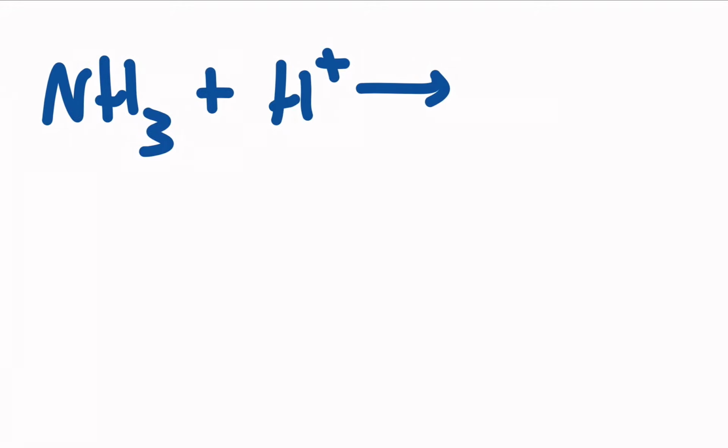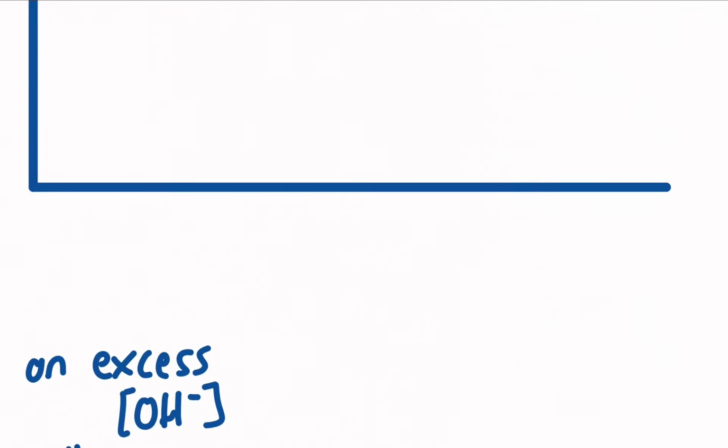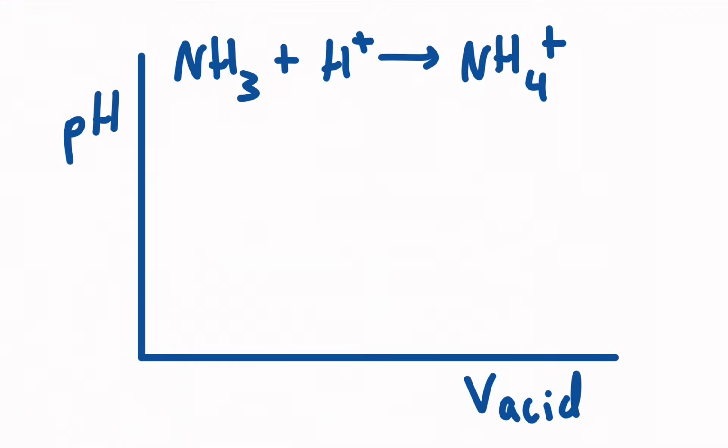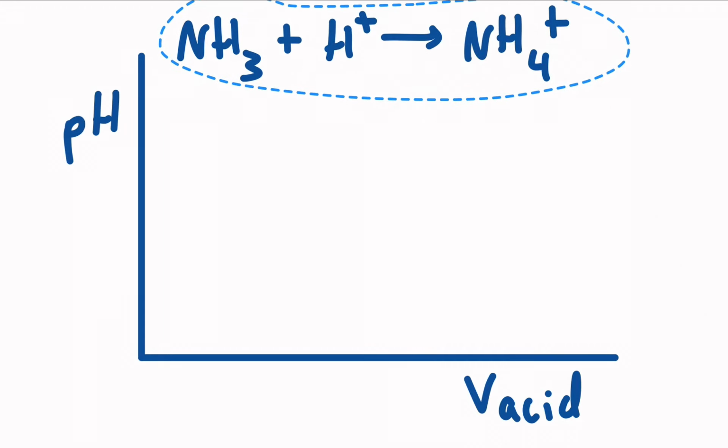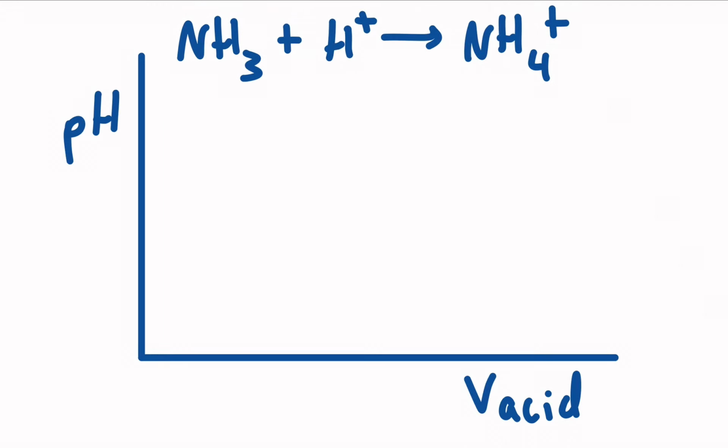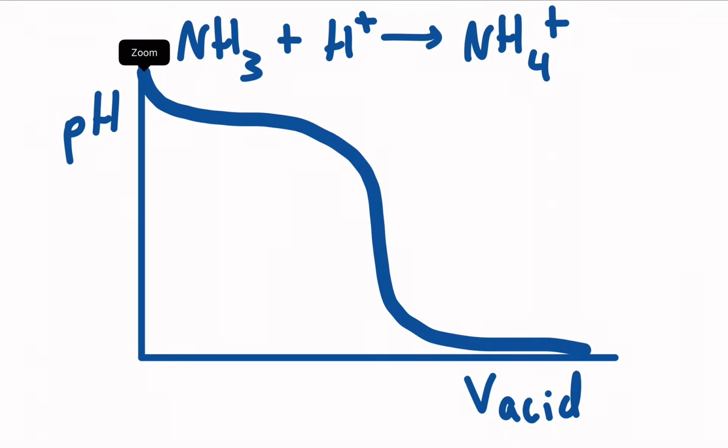For example, ammonia plus a strong acid to make the conjugate ammonium. This means I'd be adding acid along the way, and everything is analogous to what we just saw, but it's just going to be flipped upside down.